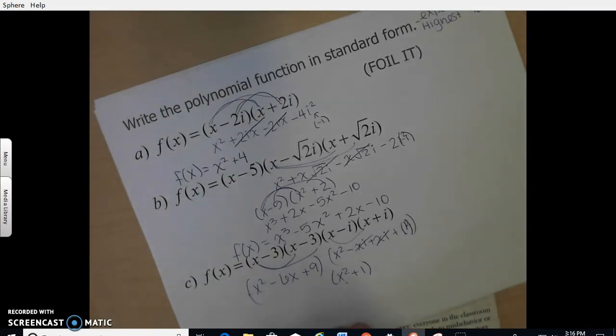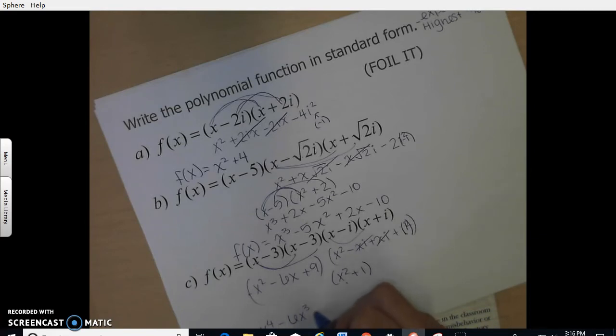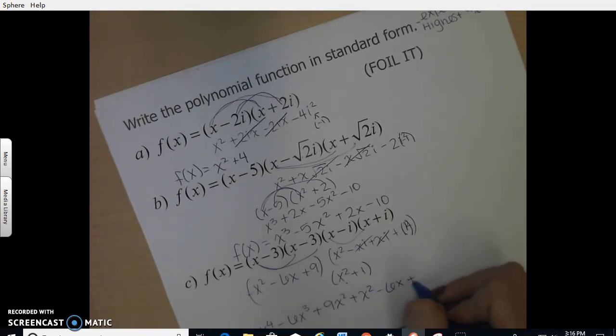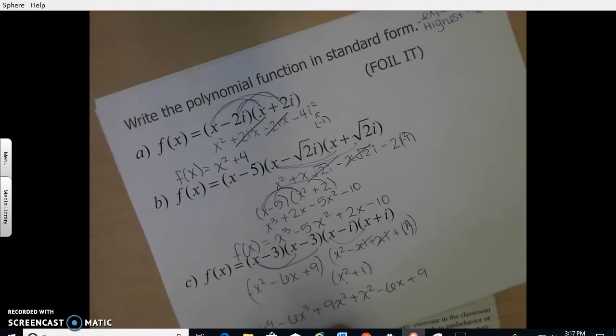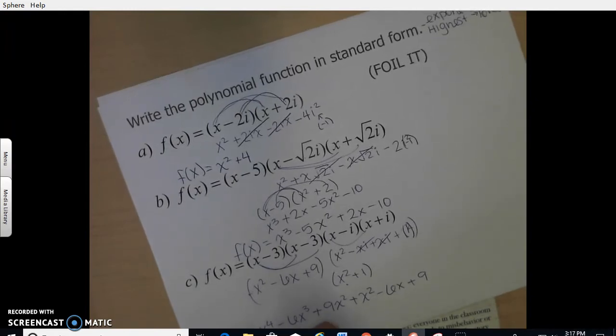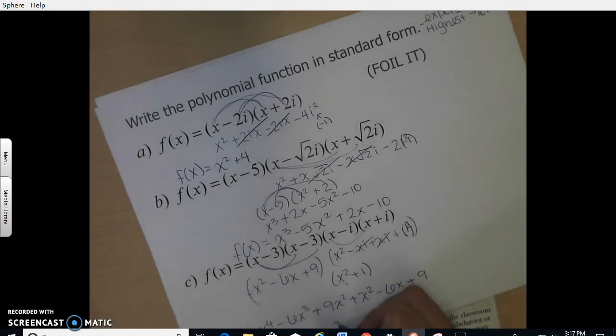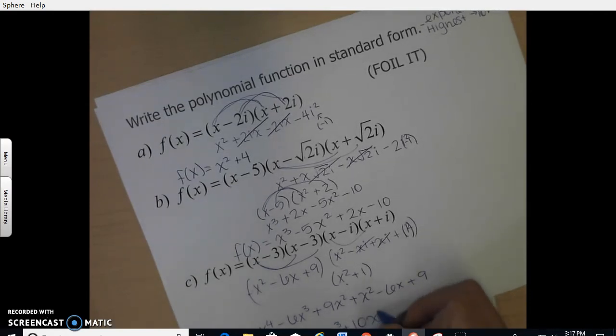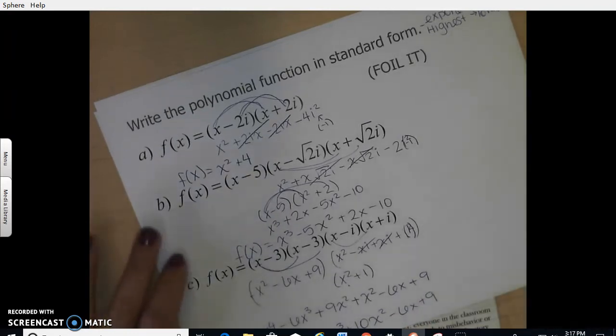X squared times x squared is x to the 4th minus 6x cubed plus 9x squared plus x squared minus 6x plus 9. Simplify. F of x is equal to x to the 4th minus 6x cubed plus 10x squared minus 6x plus 9.